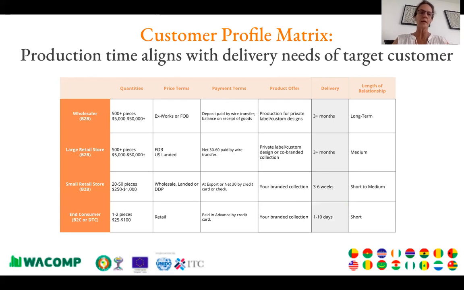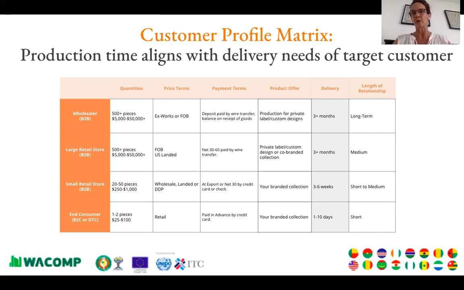Right? A wholesaler, which is B2B, or a large retailer will expect their delivery in 3 or more months. A small retail store, again, that's in a B2B channel, will expect an order within 3 to 6 weeks.